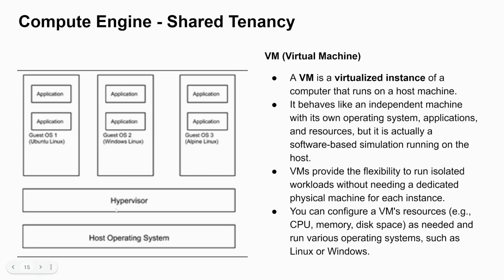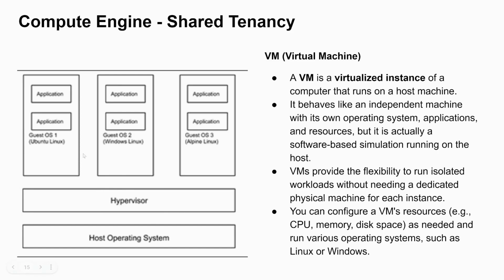I hope you have used that in your school days or college days, right? If you're using a Windows laptop and you want Linux, you install software like Cloudera so that you can run Linux inside your Windows operating system, right? It's similar to that. VMs provide the flexibility to run isolated workloads without needing a dedicated physical machine for each instance.